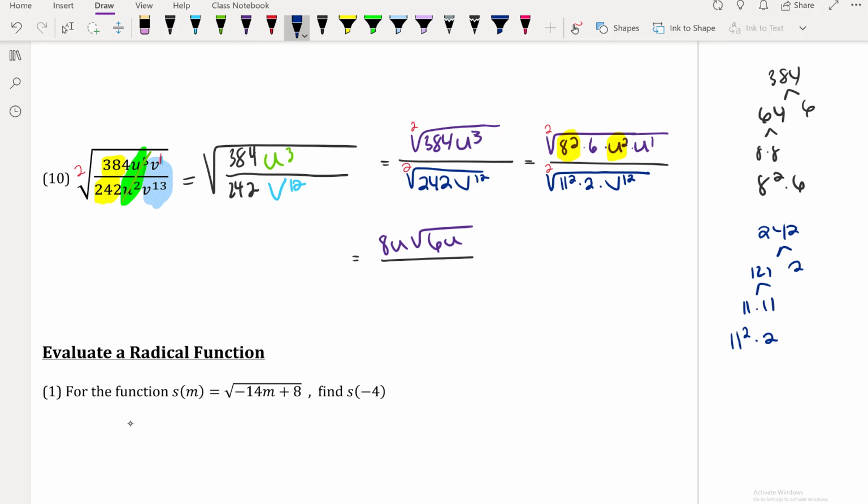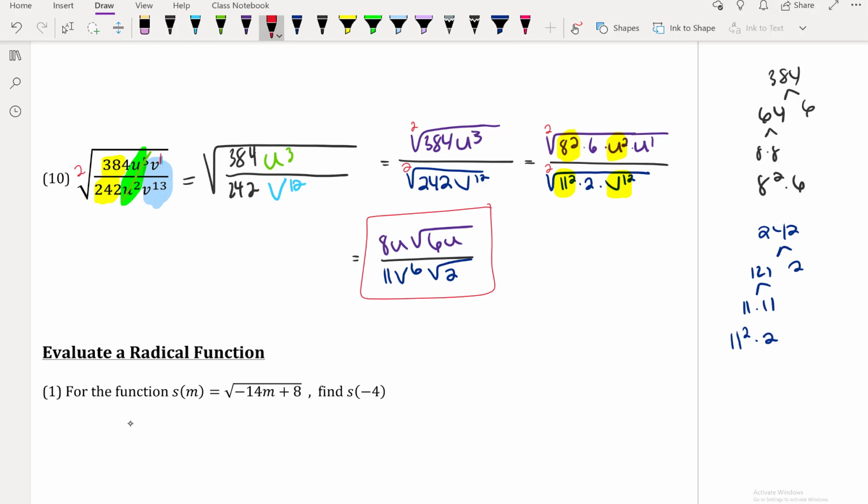Now, in my denominator, I know that my 11 squared and my v to the 12th get to kind of jump out. So I'm going to have 11, and 12 divided by 2 is going to give me 6. So v to the 6th power. And I have my square root, and I have a 2 left on the inside. And nothing else can cancel out.